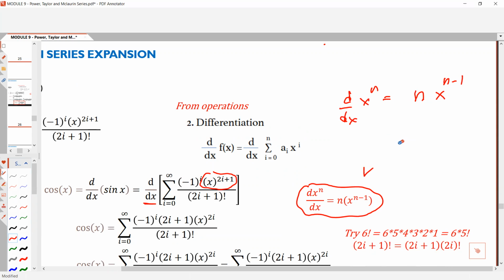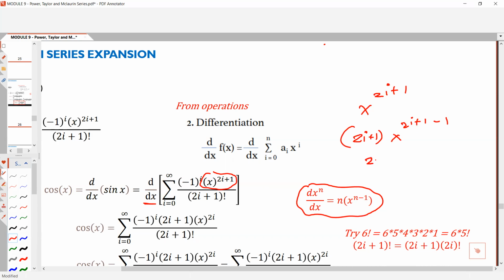Okay? Ngayon, kung babalik tayo dun sa ating example, which is x raised to 2i plus 1. So derivative, ibaba mo yung 2i plus 1. Then, x raised to 2i plus 1 minus 1. Therefore, that is 2i plus 1 x raised to 2i.